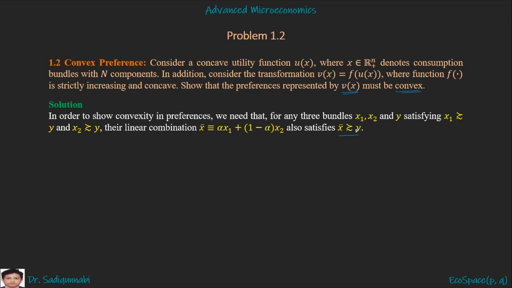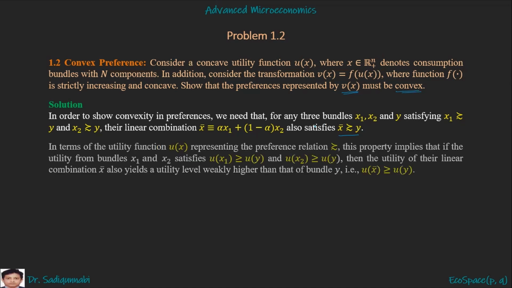If we apply this rule to the utility function representing the preference relation, this property implies that utility from x1 is greater than or equal to utility from y, and utility from x2 should be greater than or equal to utility from y.